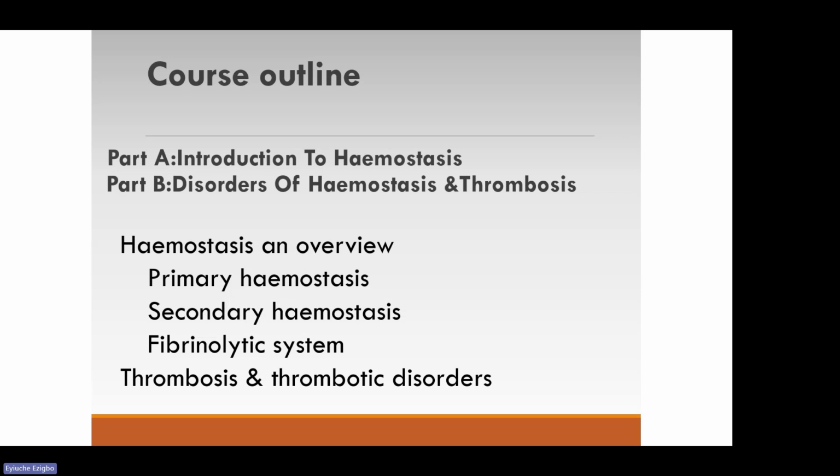We are going to look at an overview of hemostasis, breaking it down into primary hemostasis, secondary hemostasis, the fibrinolytic system. Then we are going to look at thrombosis and some thrombotic disorders.